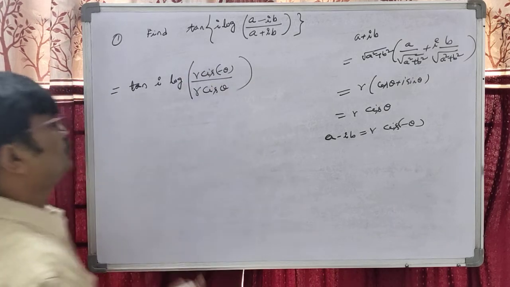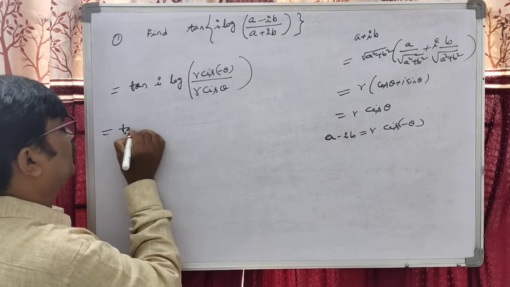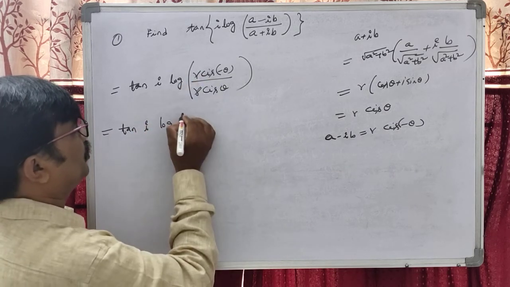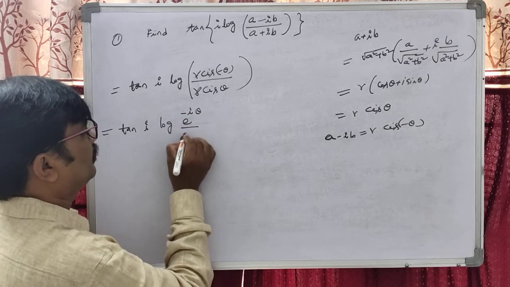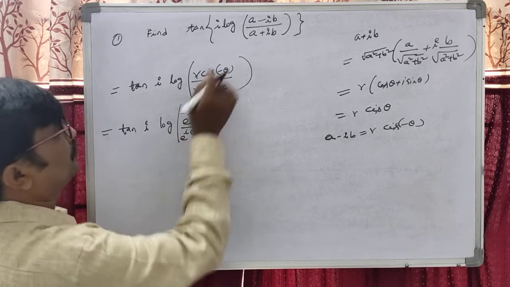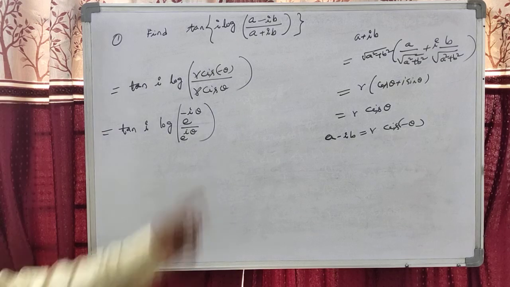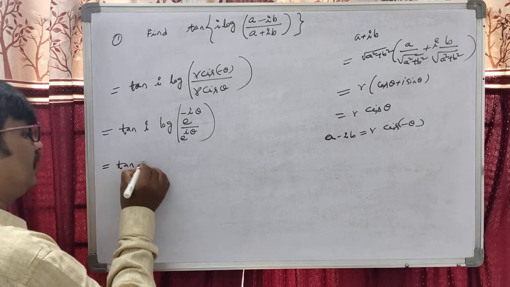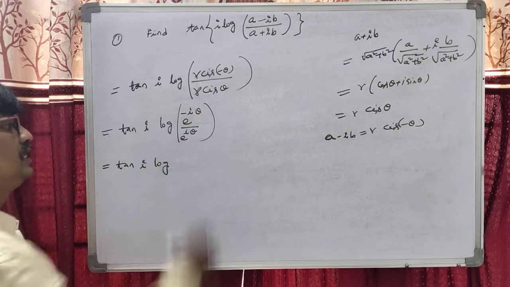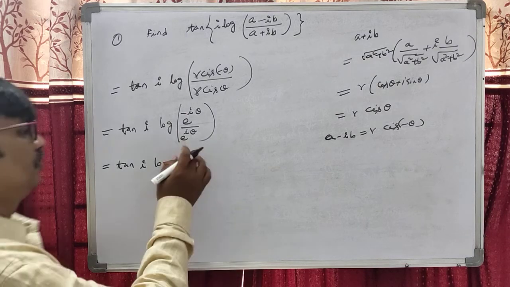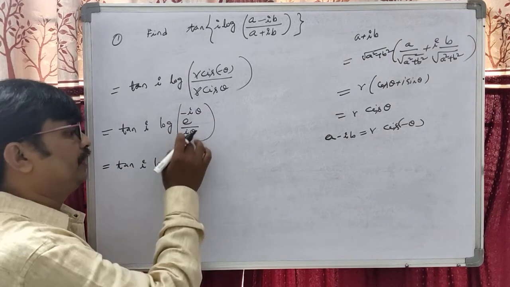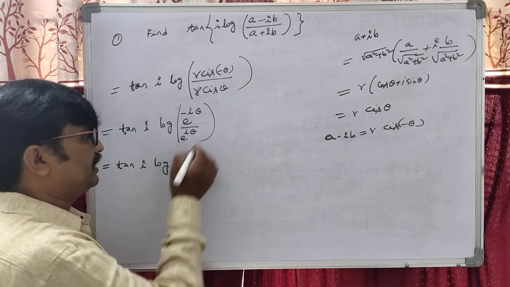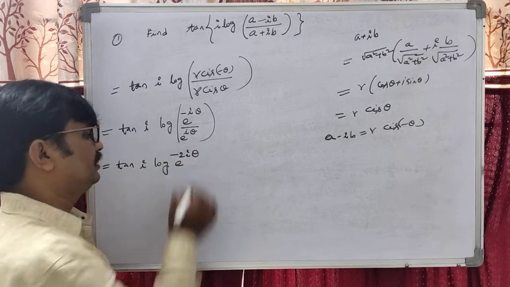So we can write it as tan of i log of r cis(−θ) upon r cis θ. r cancels. This is e^(−iθ) upon e^(iθ), since e^(iθ) is cis θ. Using a^m / a^n = a^(m−n), this is e^(−iθ − iθ) = e^(−2iθ).